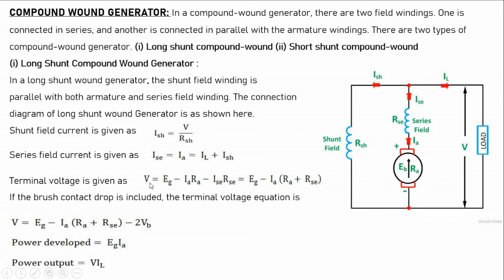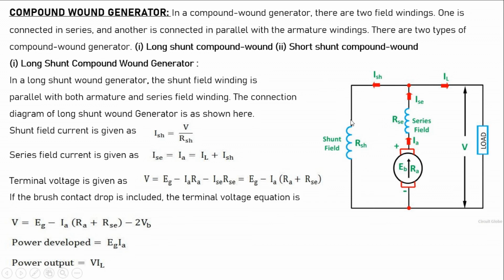If we calculate the terminal voltage here, this is the power developed in the armature, generated EMF EG minus IA RA, the voltage drop in the armature, minus, once again, there is a drop in the series field. Wherever there is a resistance in which current is passing, there is a voltage drop, as I told earlier. So EG minus IA RA minus ISC into RSC.